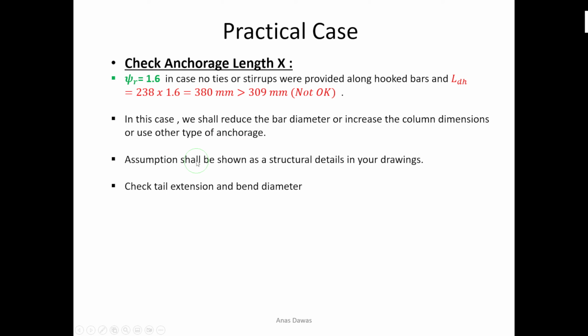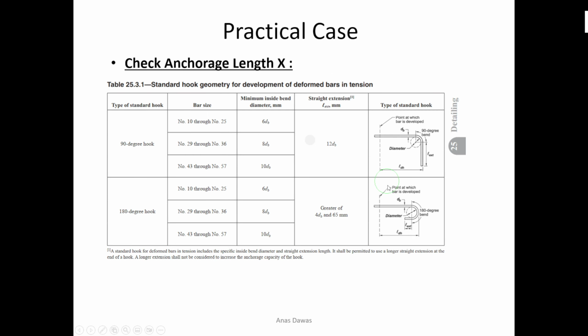Assumptions shall be shown as structural details in your drawings, definitely. Also, check the tail extension and bend diameter. I am talking about the extension L, which is equal to 12 diameters of the bar for a 90-degree hook. Anyway, we have enough depth in our transfer beam, so I'm not worried about that. For the 90-degree bend, we also have a minimum diameter.